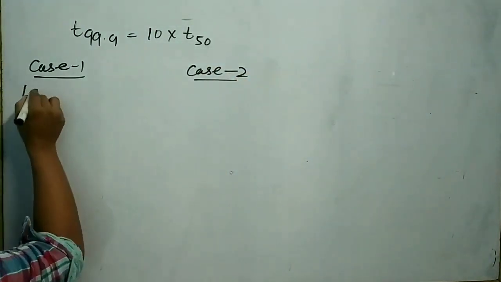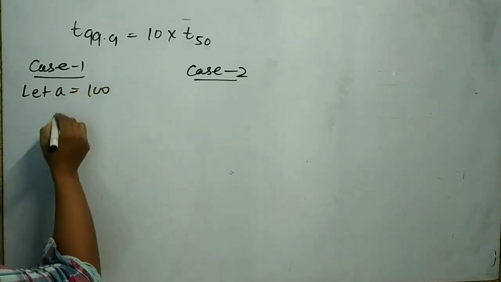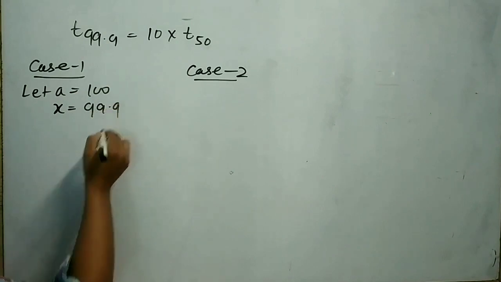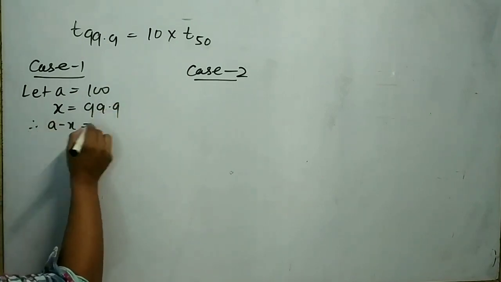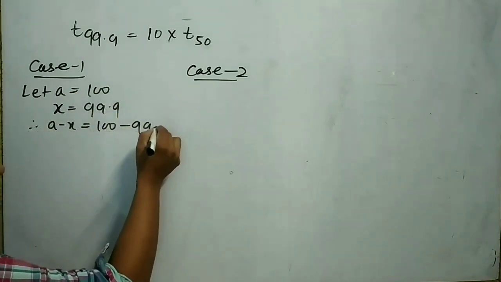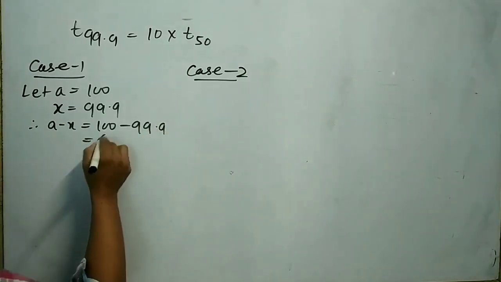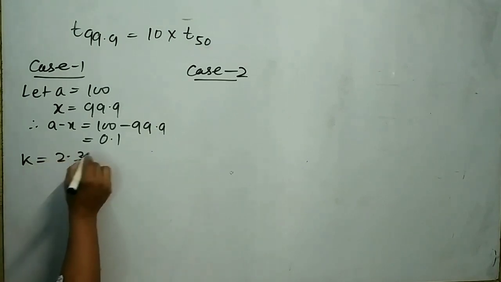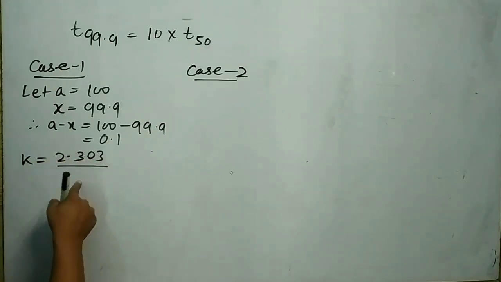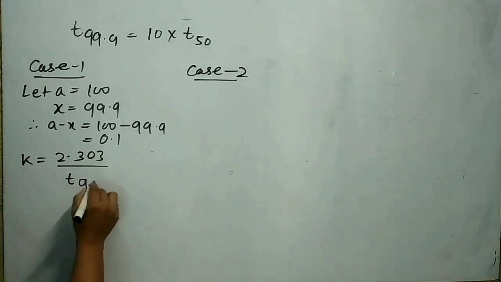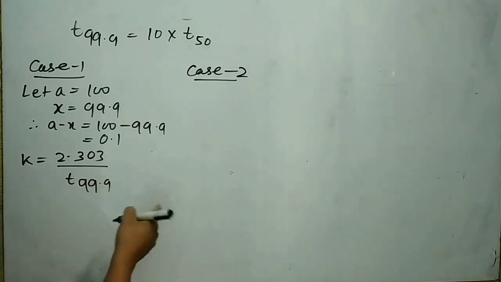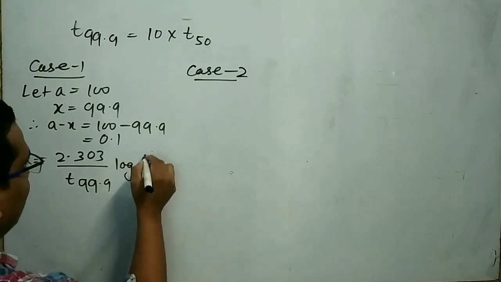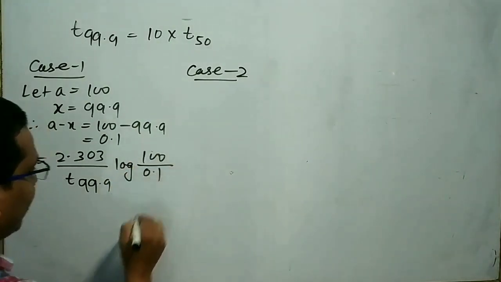For case number 1, let A is equal to 100. According to the question, for case 1, x is equal to 99.9. Therefore, A minus x is equal to 100 minus 99.9 equal to 0.1. We know that K is equal to 2.303 divided by T99.9 into log of A by A minus x, that means here log 100 by 0.1.